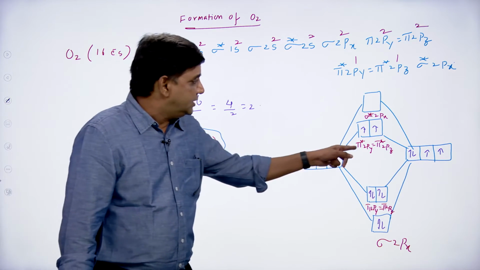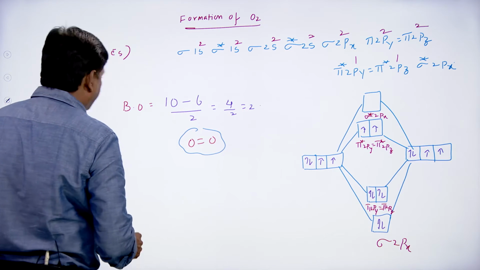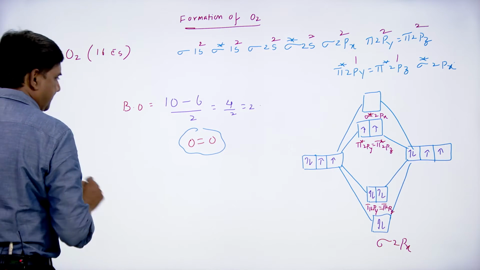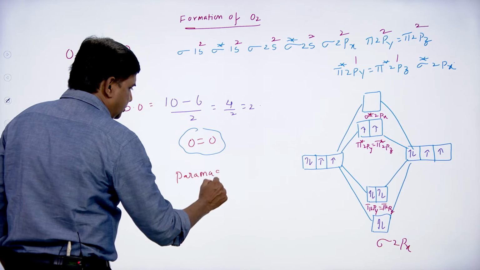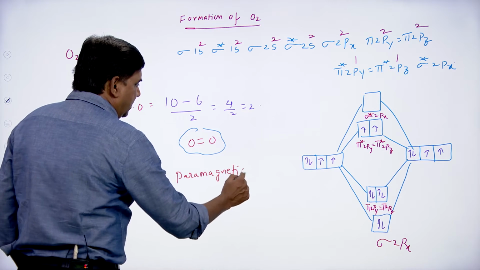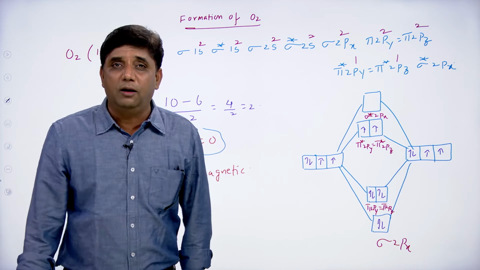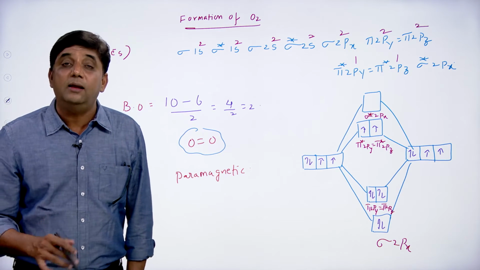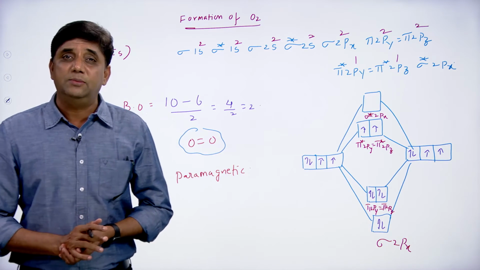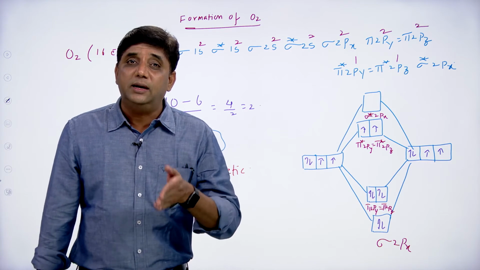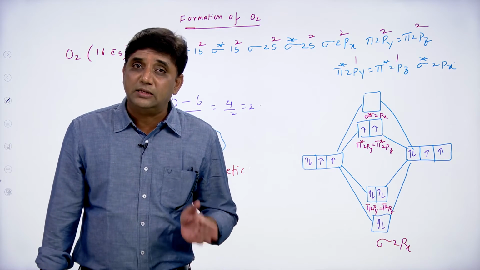As the pi star orbitals contain unpaired electrons, it is paramagnetic in nature. Students, if you remember, one of the causes to propose the molecular orbital theory was to explain the paramagnetic nature of oxygen. Actually, according to valence bond theory, oxygen was a diamagnetic molecule, but it was not so.